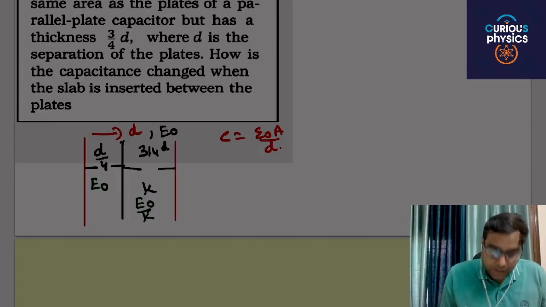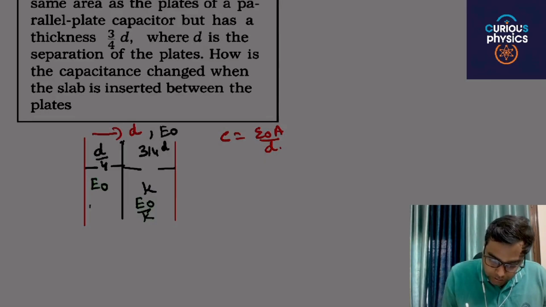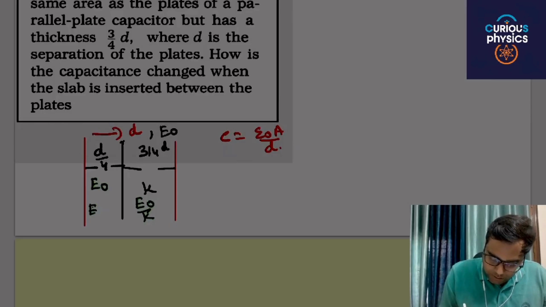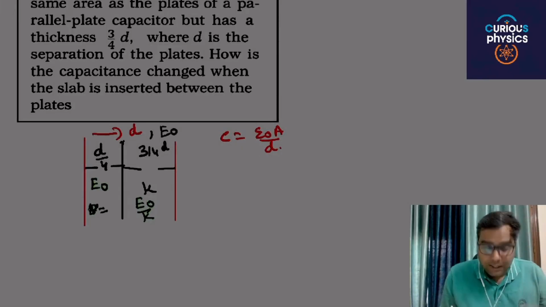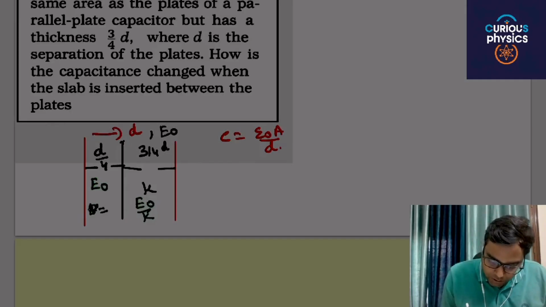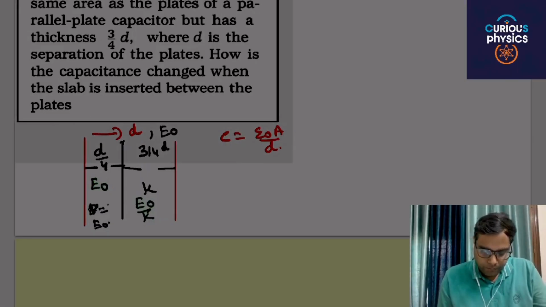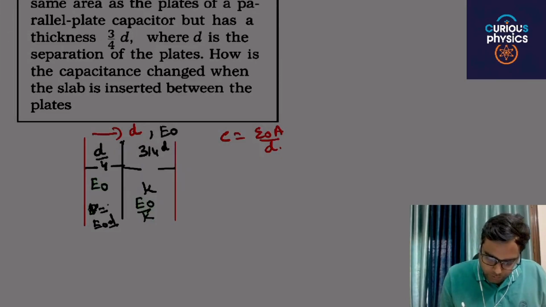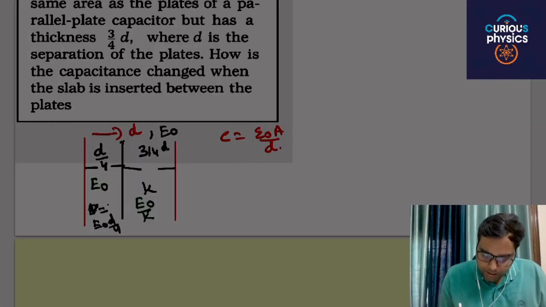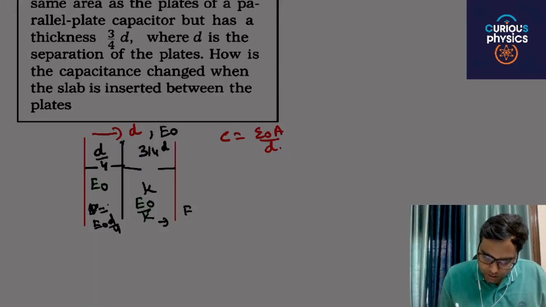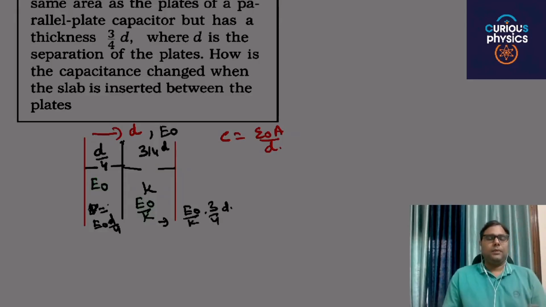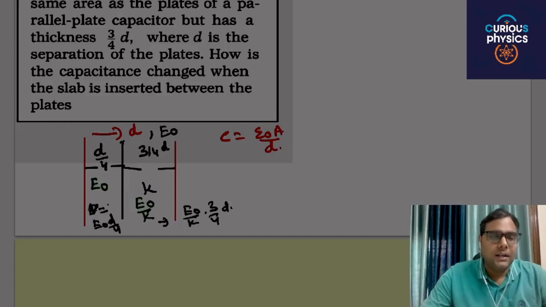Here the potential will be, simply, electric field into distance. So the potential across the air gap will be E naught into D by 4, and across the dielectric the potential will be E naught by K into 3 by 4 D. Are you able to understand my point?